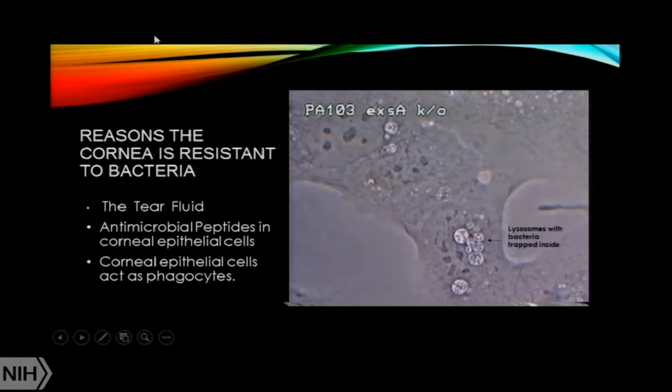There's also been the discovery that antimicrobial peptides are found in the corneal epithelial cells. Antimicrobial peptides are small keratin proteins within the epithelial cells that act directly on the infections or pathogens themselves. They're kind of like little natural antibodies, or antibiotics, if you think about it that way. And corneal epithelial cells also act as phagocytes. They trap bacteria inside their lysosomes where they kill them. You can see in this movie lysosomes filled with bacteria here.